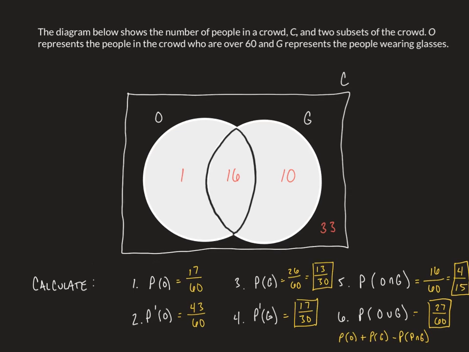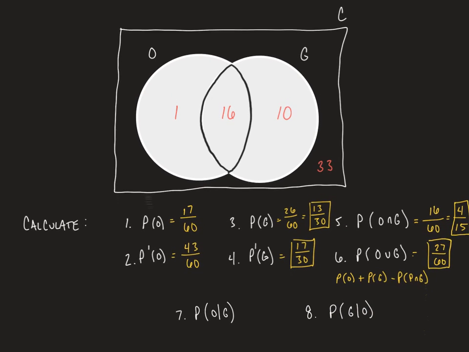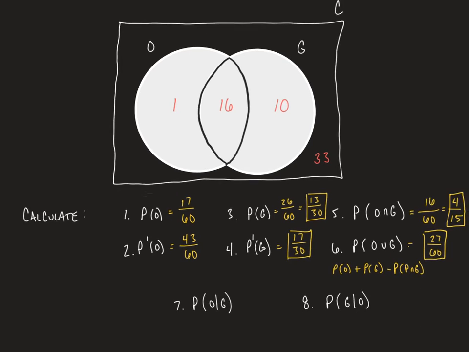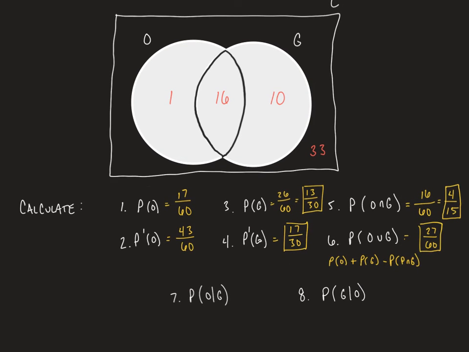We're going to extend this and talk about conditional probability here. So there are a couple more questions related to the same exact situation. All right. Let's calculate the probability that somebody is over 60 given that they are wearing glasses. And let's revisit our formula that we use for conditional probability. So the probability that someone wears glasses will be my denominator. That's the number of possible outcomes.